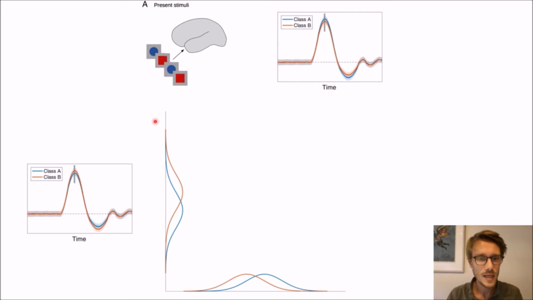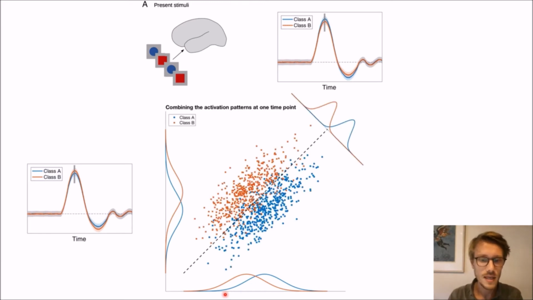Now what MVPA tries to do, so multivariate pattern analysis, is to combine these two signals and see whether if we combine them, we can have a stronger separation between animate blue and inanimate red objects. So if we do that, we can see here, as an example at least, that we might be able to find a much stronger separation if we combine these two signals.